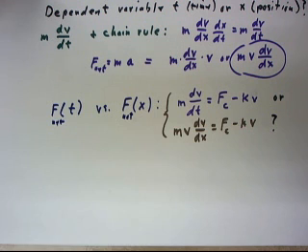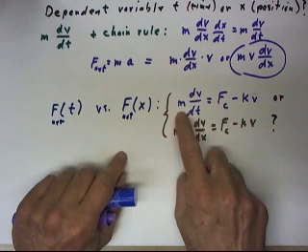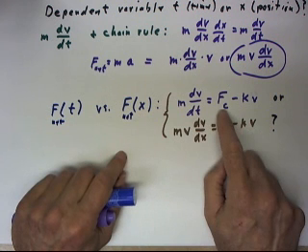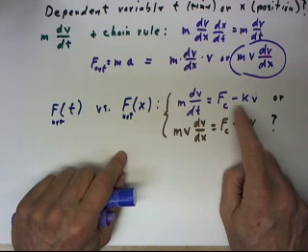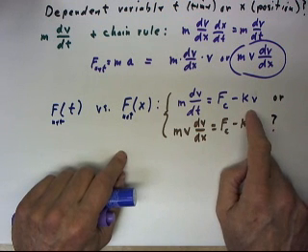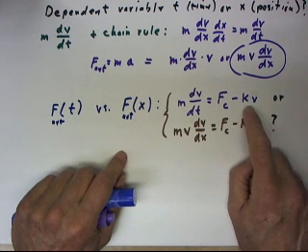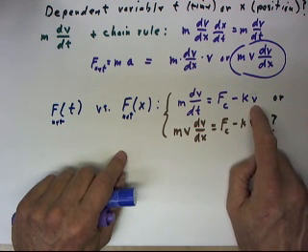If we know the net force is a function of t, then it makes sense to solve the equation m dv/dt equals whatever, maybe our constant force minus kv. This would apply to the situation where the drag force is proportional to the velocity.